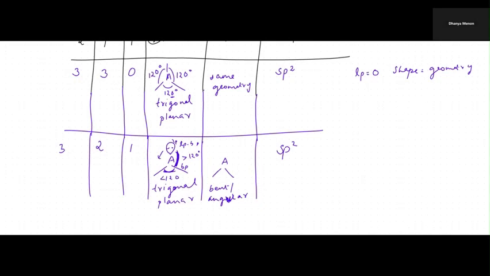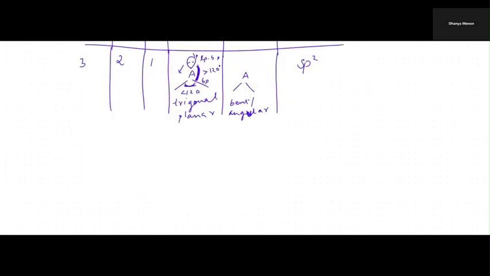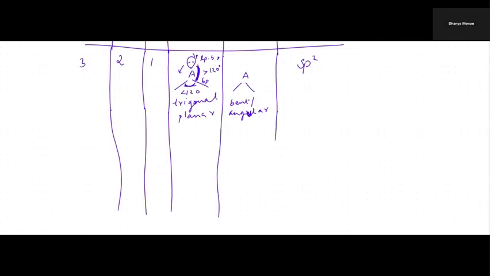Moving on. Lines are not coming straight. Now, coming again, Z value is 3, so the hybridization is sp2. Now I have 1 bond pair and 2 lone pair.